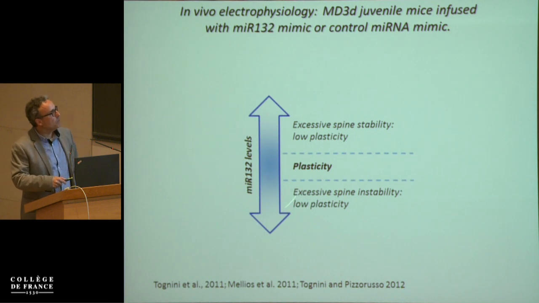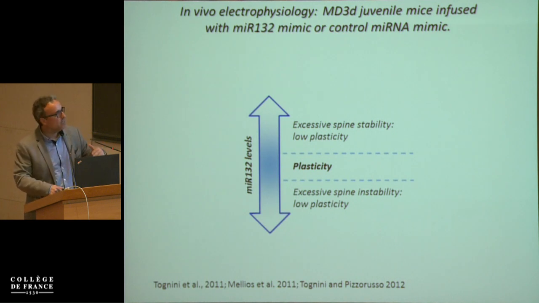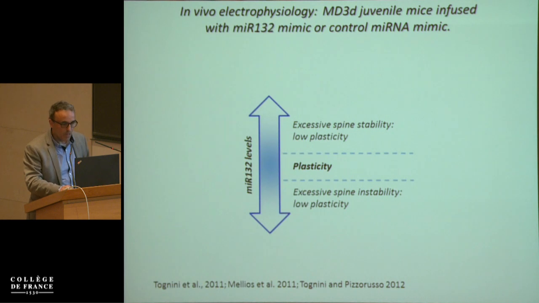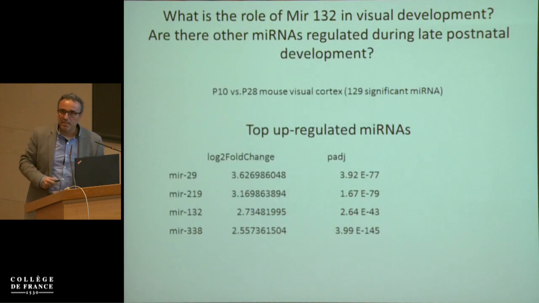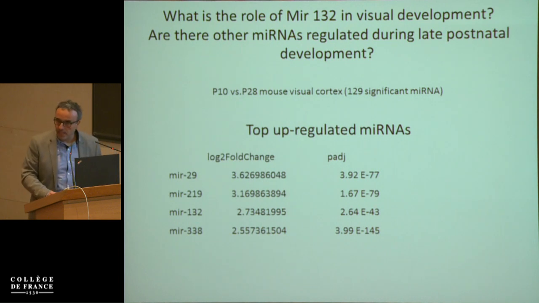So we came up with the idea that you have to have an optimal level of this microRNA to get plasticity, and probably this is also why its level is regulated physiologically, to regulate the state of plasticity of the system. But this led us to ask another question, in the last series of experiments that I'm going to show to you.